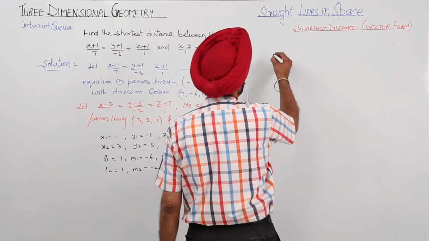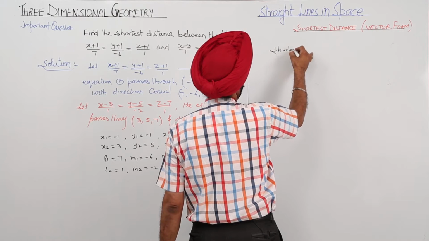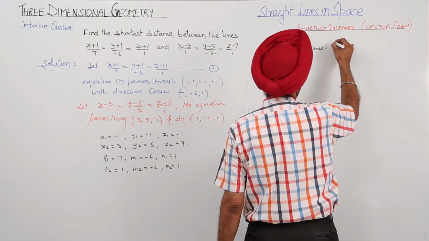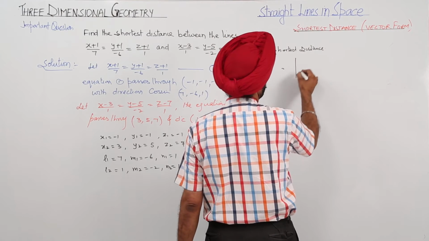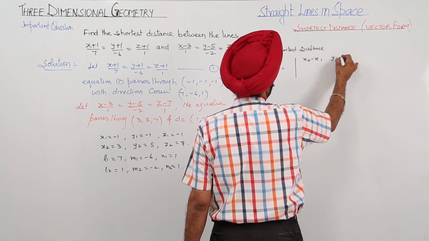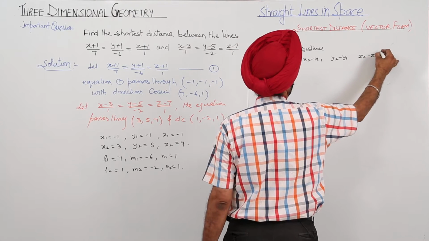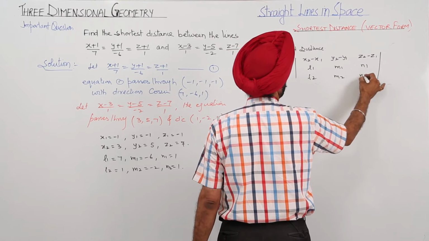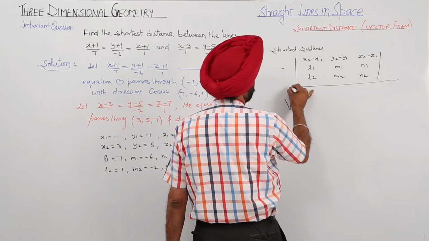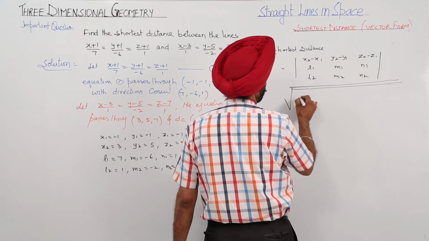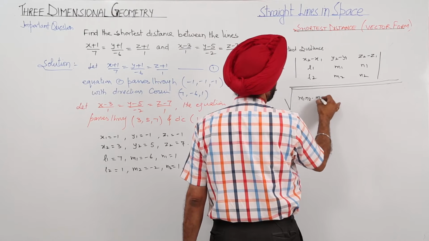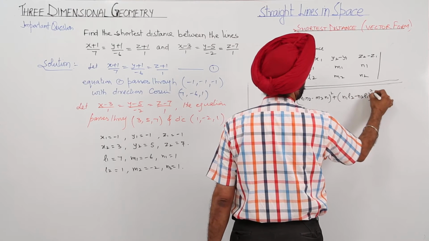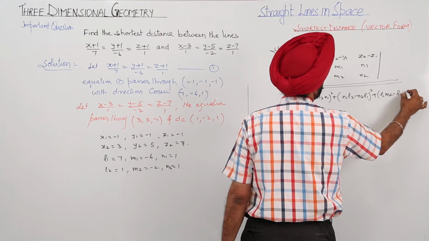Now using the formula, the shortest distance is equal to the determinant of rows (x2 - x1, y2 - y1, z2 - z1), (l1, m1, n1), (l2, m2, n2), upon the square root of (m1 n2 - m2 n1) whole square plus (n1 l2 - n2 l1) whole square plus (l1 m2 - l2 m1) whole square.